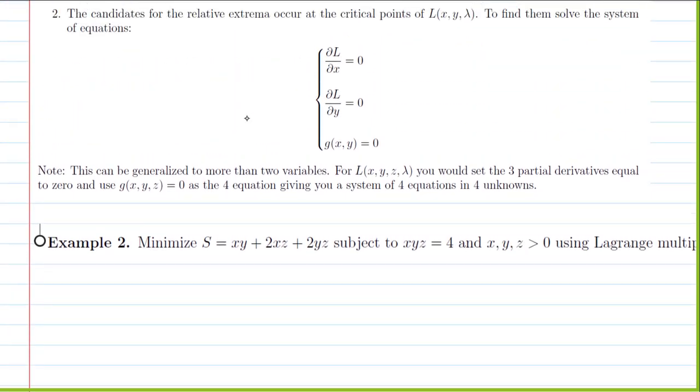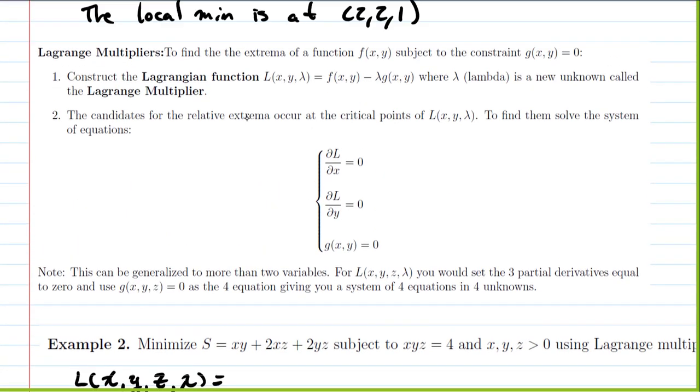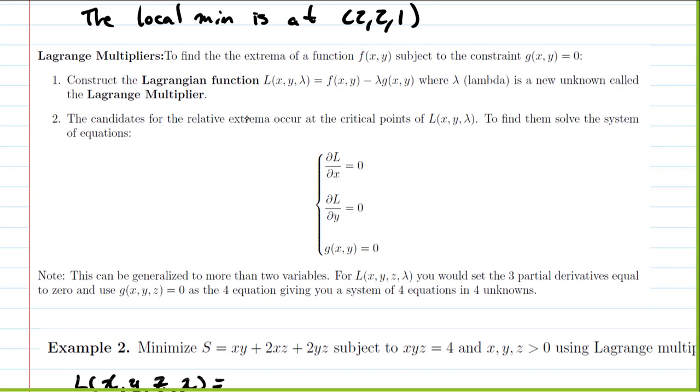We have 3 variables this time, so our Lagrangian is going to have 4 variables, x, y, z, and lambda. Our Lagrangian is f, which is our objective function, and g is our constraint function.